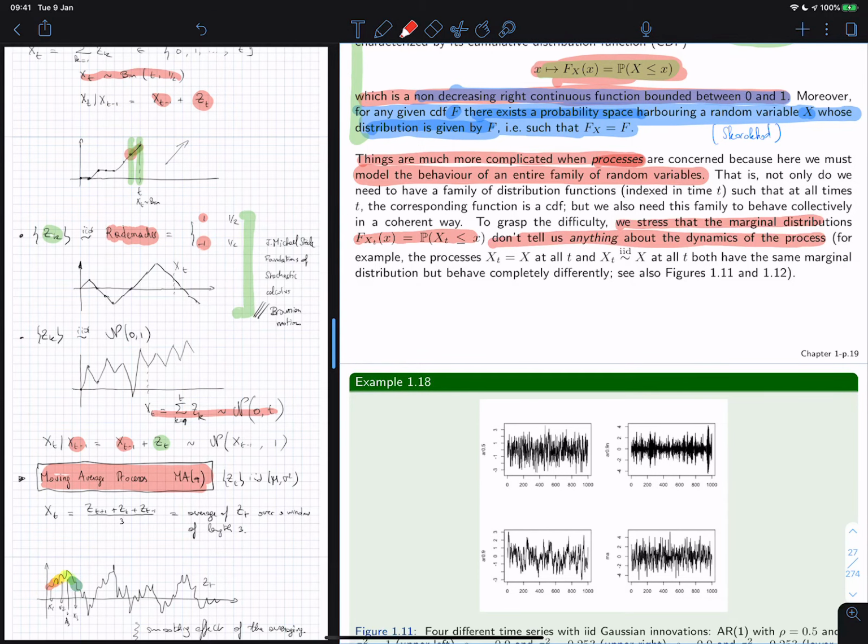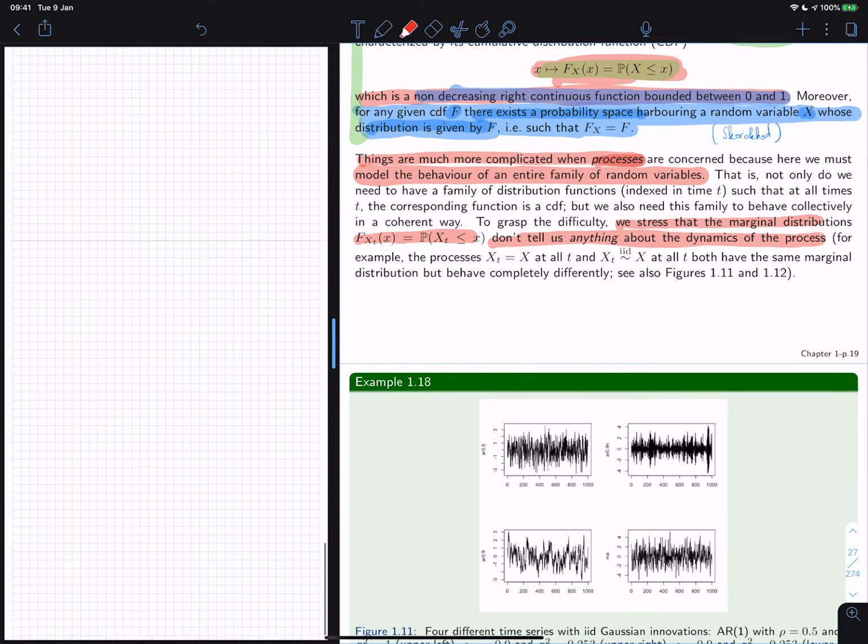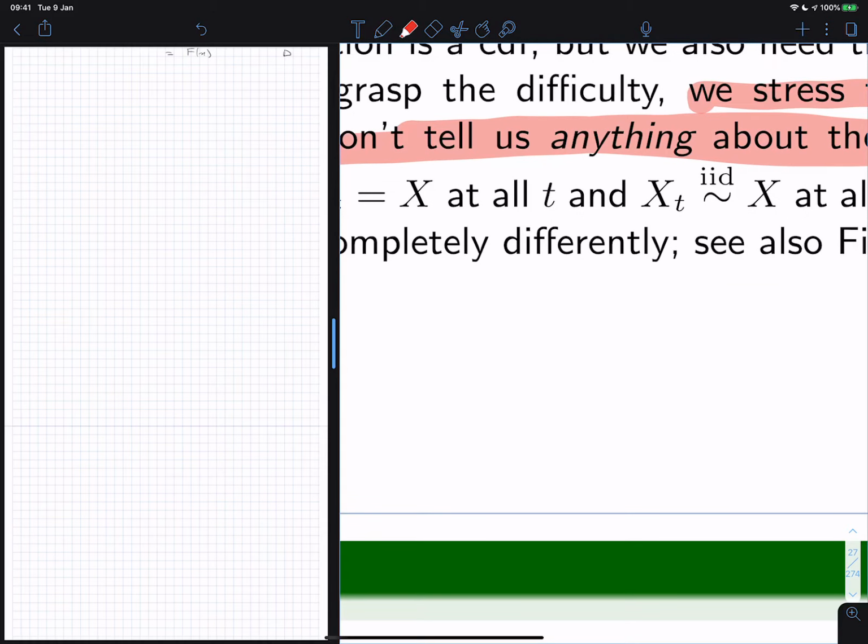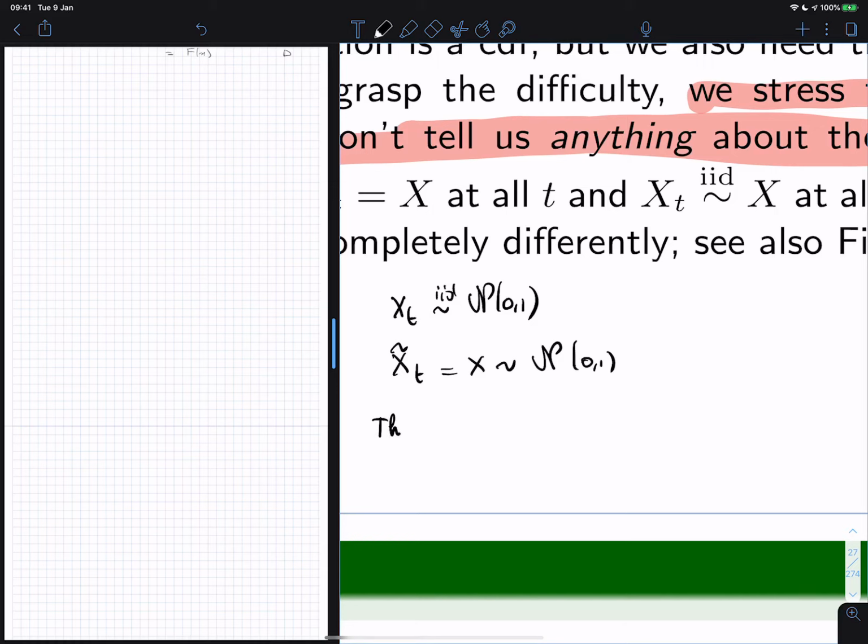A very striking example of this is that if I say that Xt is IID normal 0, 1, or if I say that Xt is X, which is itself IID normal 0, 1, well, maybe I should call this X tilde, then Xt and Xt tilde have the same marginal distributions.